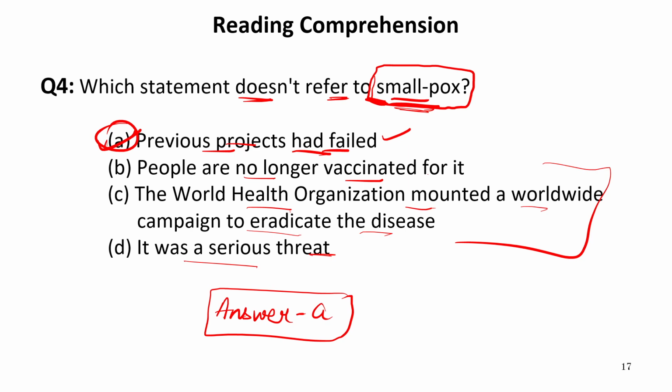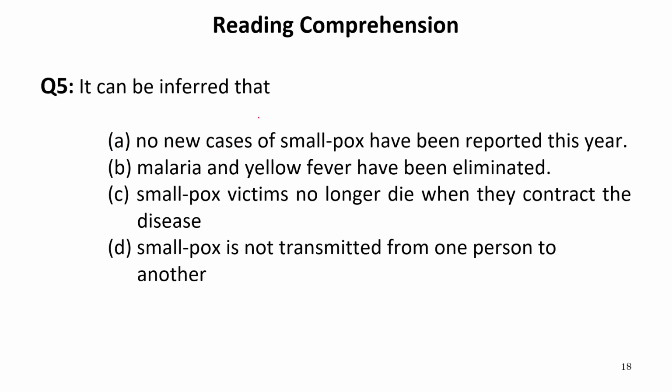Now let us move to the next one. It can be inferred that no new cases of smallpox have been reported this year. Malaria and yellow fever have been eliminated. Smallpox victims no longer die when they contract disease. Smallpox is not transmitted from one person to another. Now let us see the options one by one.